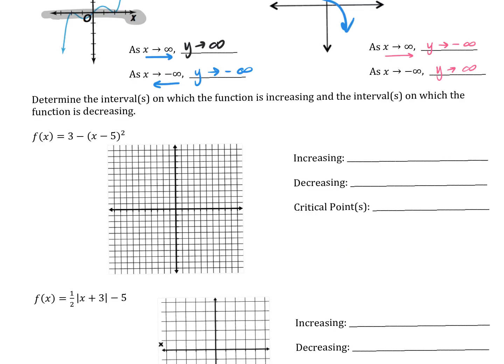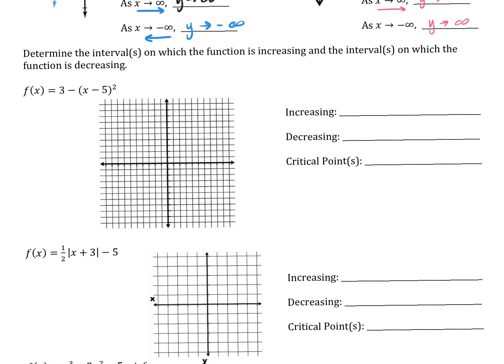Okay, we're going to just do these 3 problems real fast. Let's think about this guy. What's my parent function here? X squared. Where am I going? I'm taking it right 5, then up 3, and then I'm flipping it over. So let's go right 5, up 3, put that little vertex there.